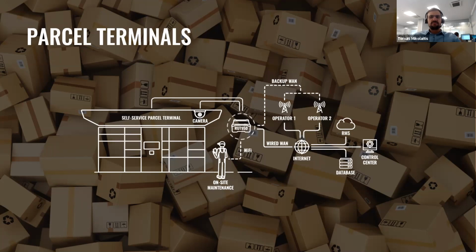And this service quality must be ensured every time. With RMS, such operators can benefit as well, since these terminals must be equipped with routers to have internet connectivity for simple tasks like entering codes and authenticating the user, or just having access to CCTV cameras.